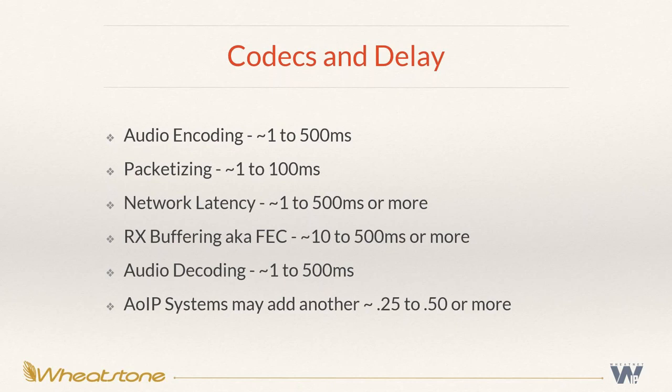And if you're using an AoIP broadcast plant, you could add another quarter to a half millisecond as it's introduced and routed into those systems. And if you're using AES67, you could see additional latencies of 1 to 5 milliseconds based on what you have going on with some of those devices.